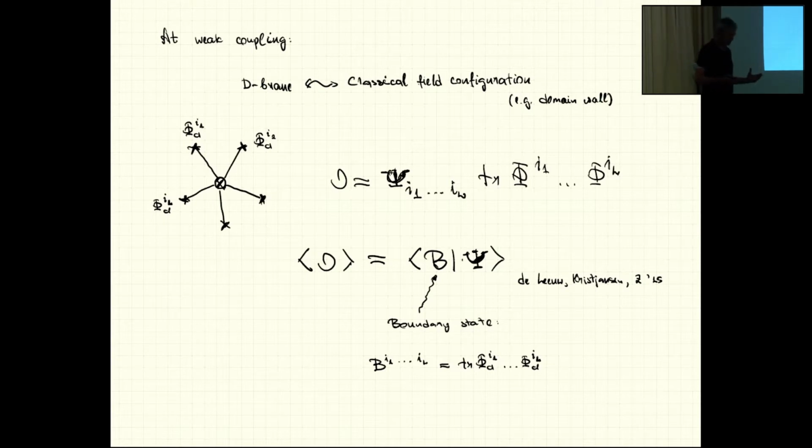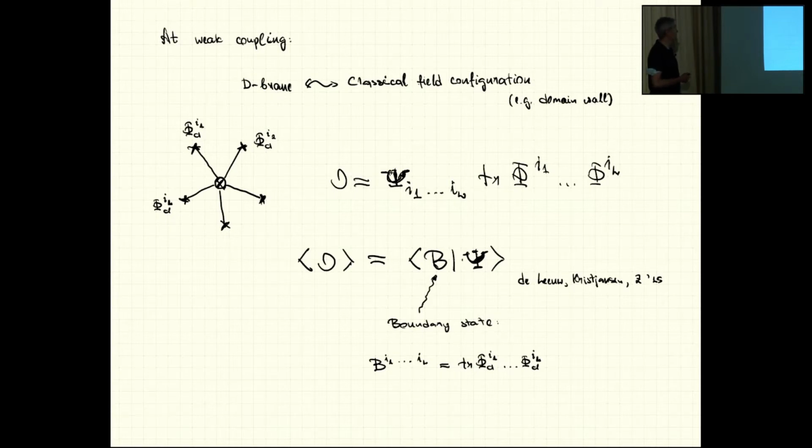What does it correspond to in the field theory context? A D-brane is a classical object, so in string theory it's just fixed, it cannot move. Likewise in field theory it is described by some classical field configuration.